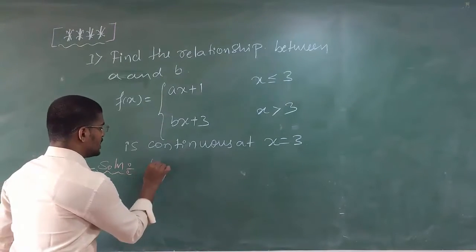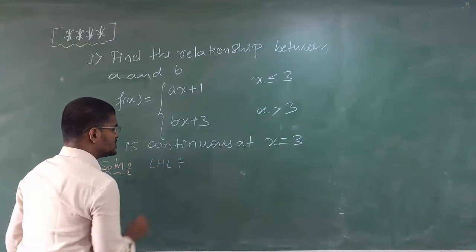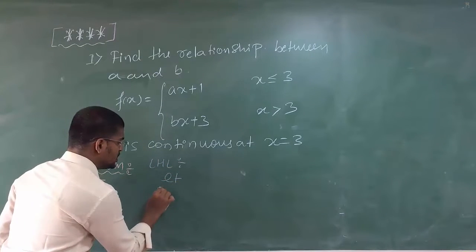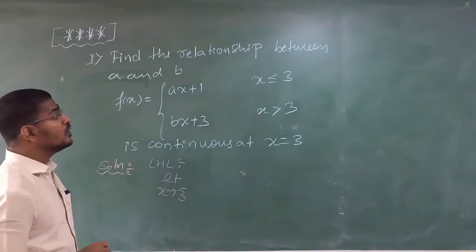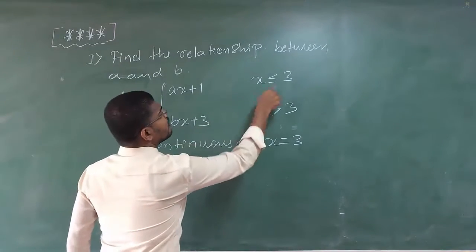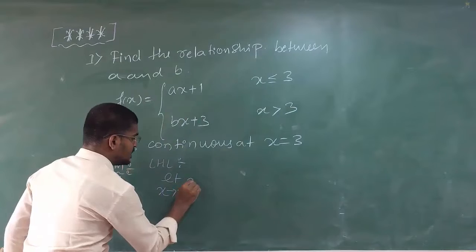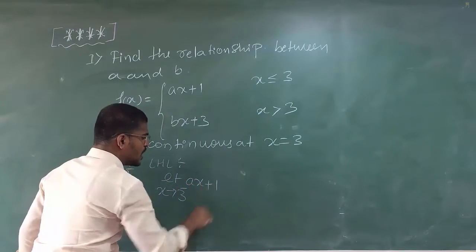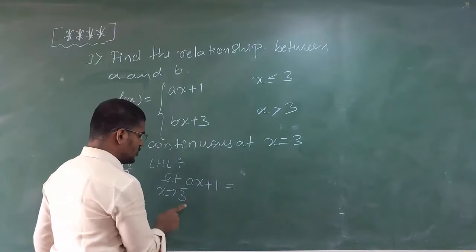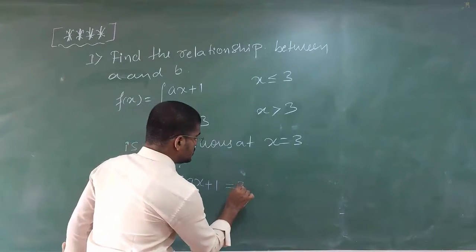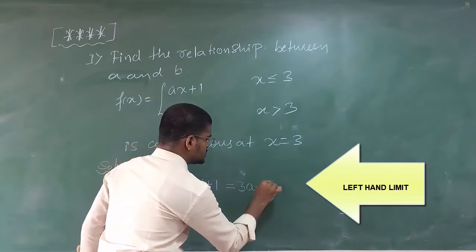What will be your LHL? Your LHL will be limit x tending to 3 minus, that means left hand side of 3, that is ax plus 1. Clear? So now this is equal to what? X value is how much? 3. 3a plus 1.